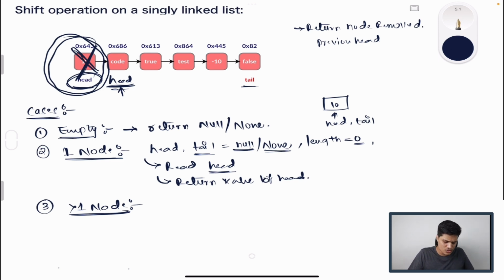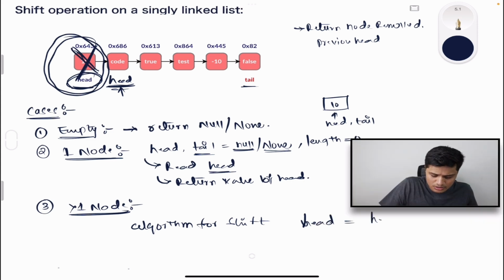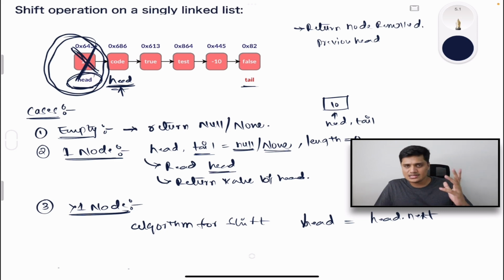Okay, so that is the algorithm for performing the shift operation when we have more than one node. We will simply update the head to head.next. That is something you can simply do using a simple assignment operation.